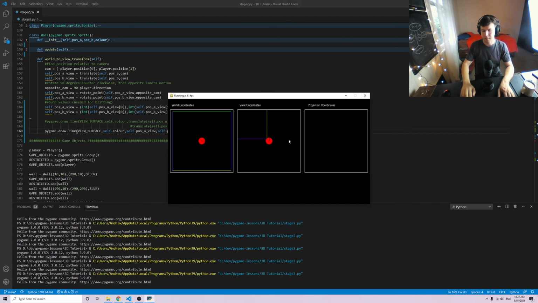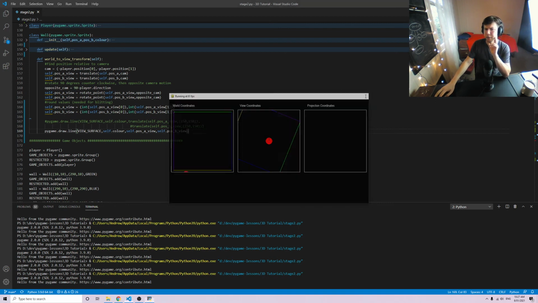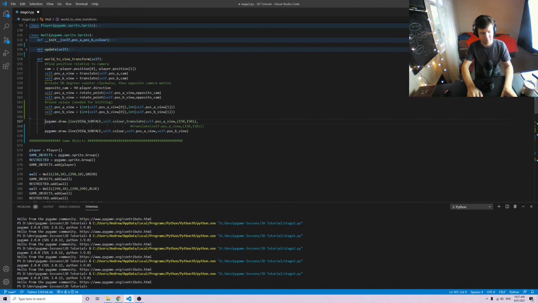Hopefully this works. Okay, cool. So you can see that the center of the screen is actually kind of here. So it looks like all of the walls kind of work, but they've just been shifted up a little bit, right? So for example, a positive X value will be here somewhere, but if it's at the center of the screen, then everything's been shifted, so it's going to be off screen somewhere. So that is the reason that we need to do this.